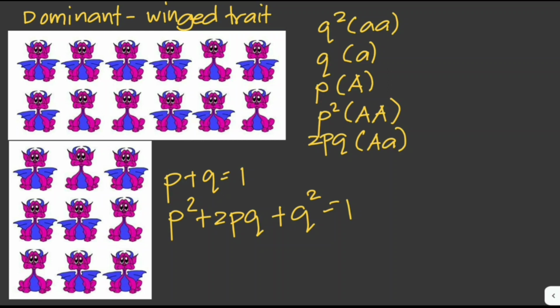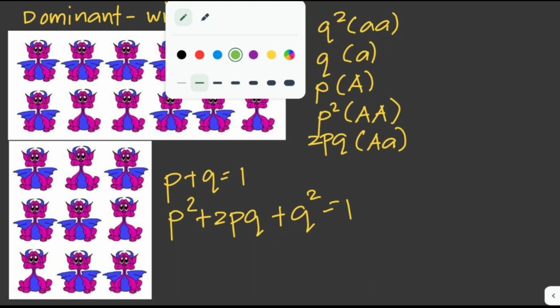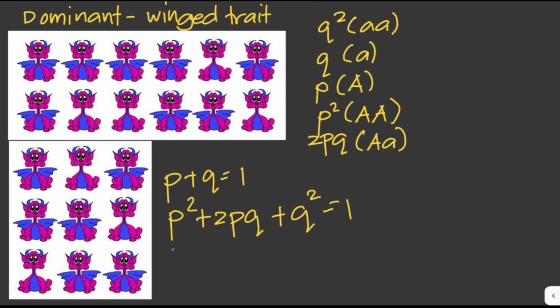Alright, so let's count the number of the dragons given here for the total population. So the total population here is 21.